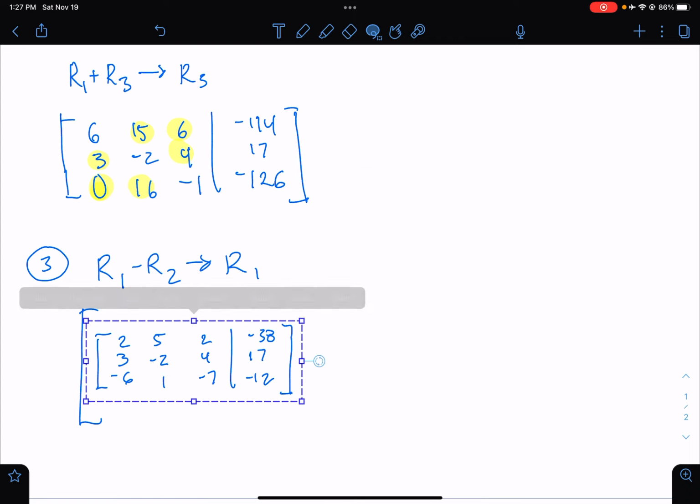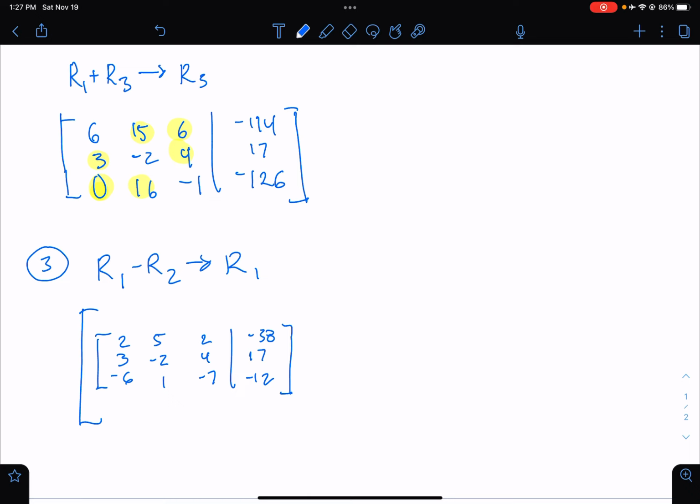Or actually, we'll just do it right here. Cool. So the two steps to make that move would be to go to row 2 and multiply it times -1, and then to add it to row 1.